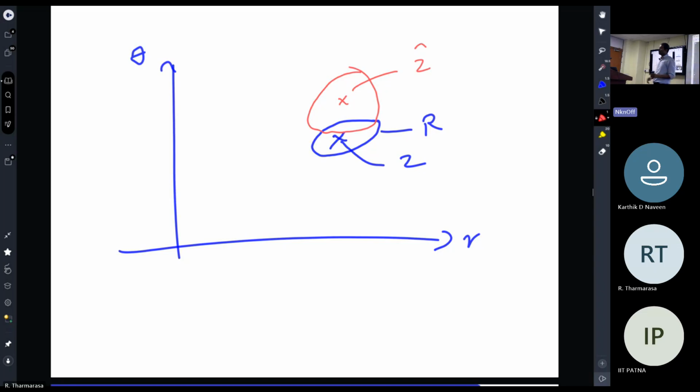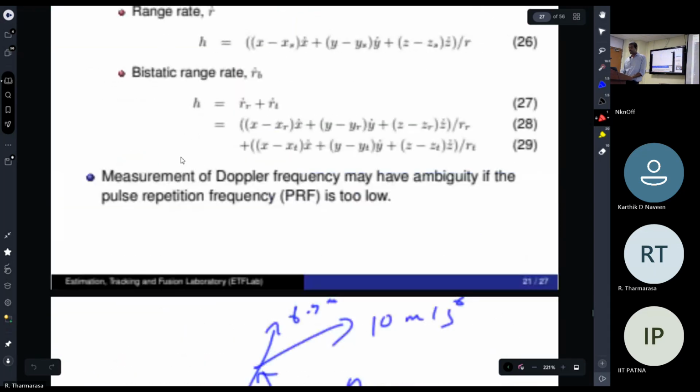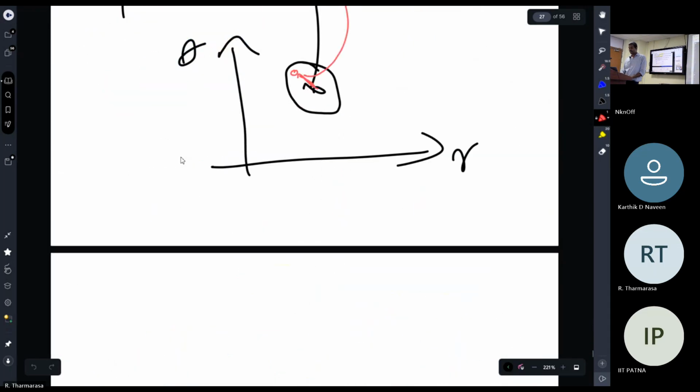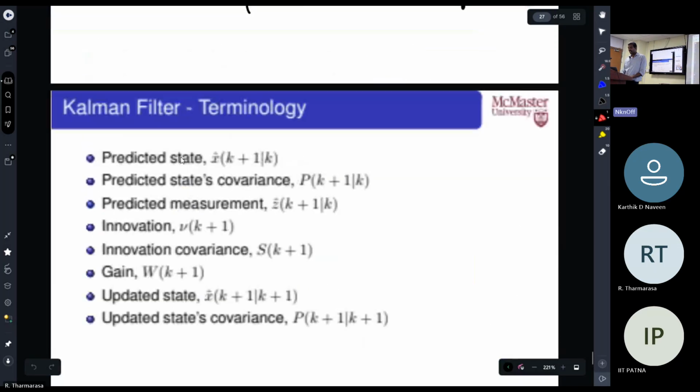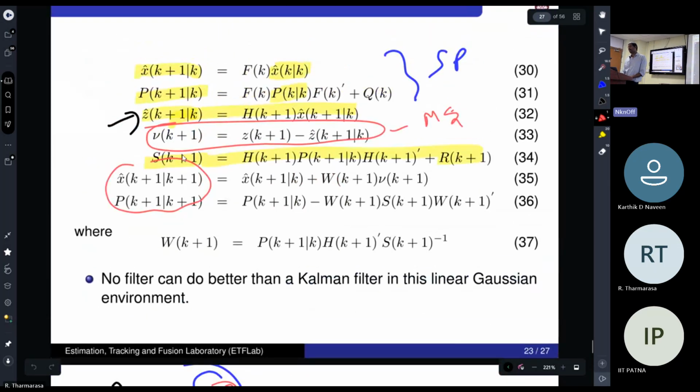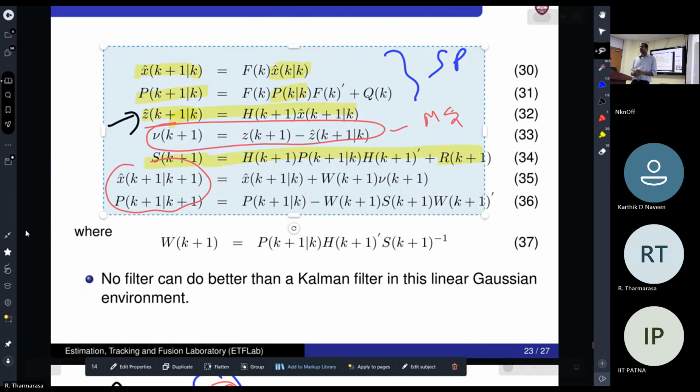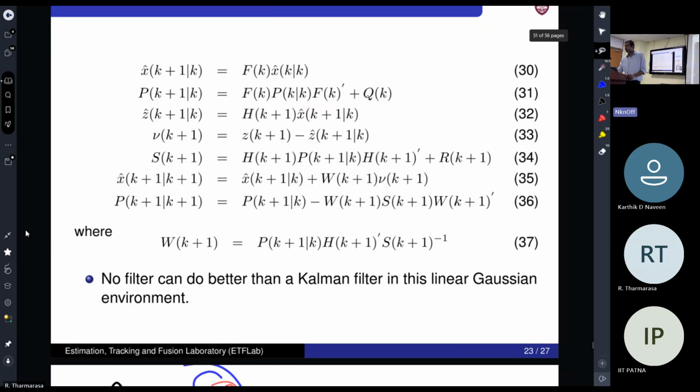Now let's go back to the equation and see what we do here. First I plotted this one and this.